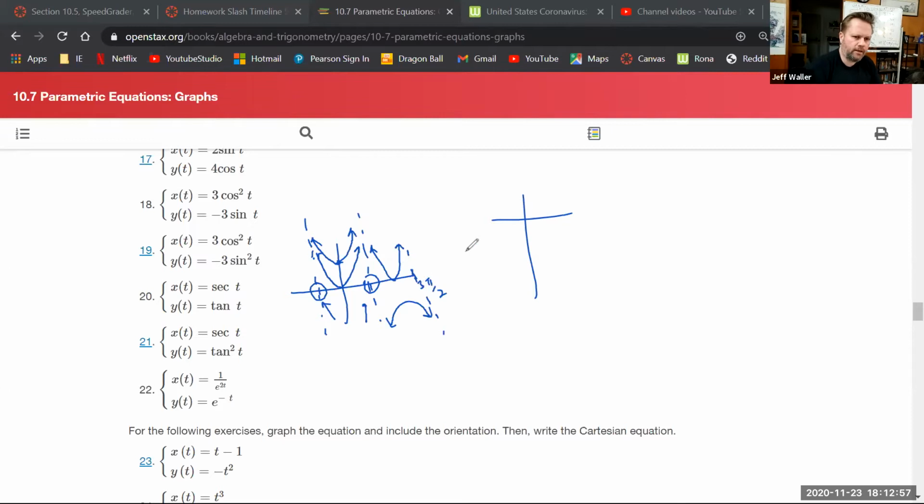So the x and the y values will sort of repeat. It's just that in every other little area they live in, the x values would have the same values, just negative of what they were over here. Because x is going like secant.